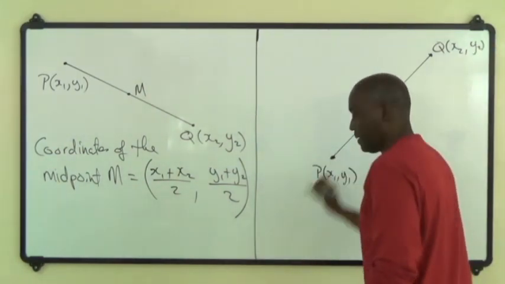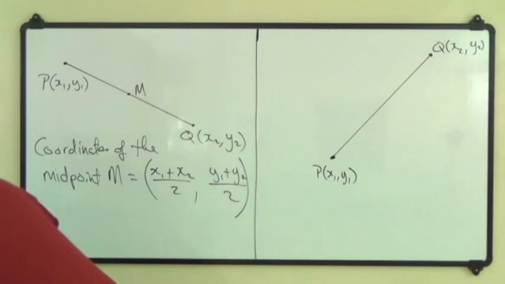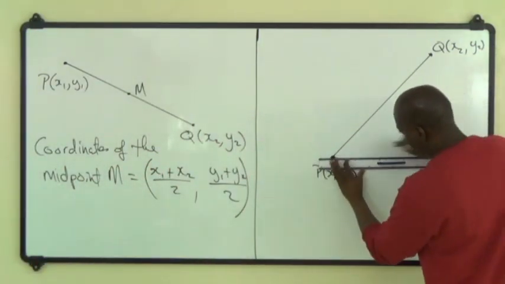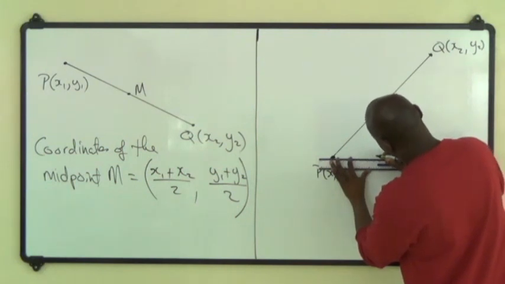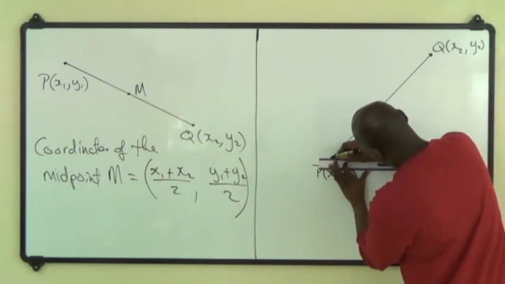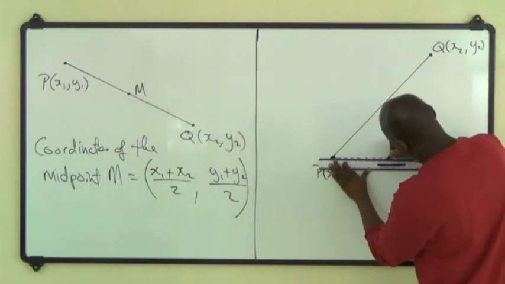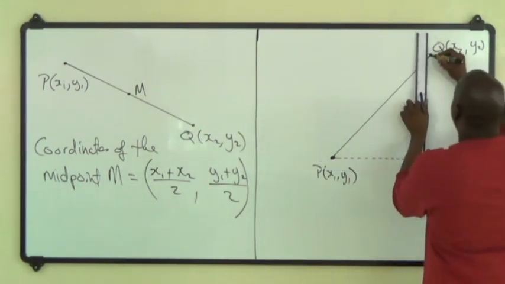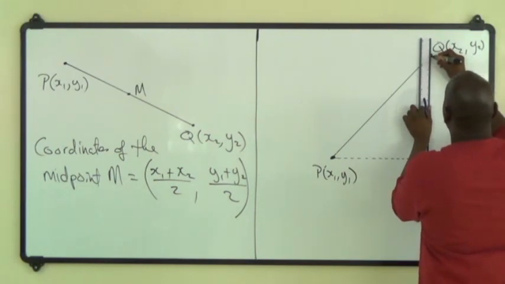Right? Let me use the ruler here just to make the points. Right? You draw your line. This is your line parallel to the x-axis, and this is your line parallel to the y-axis.